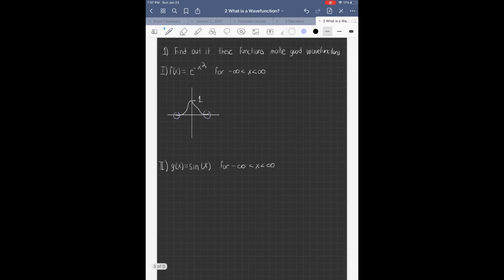I can graph its derivative also to see if that's continuous. So we take the derivative of this. This will be f prime of x, and this is the chain rule.